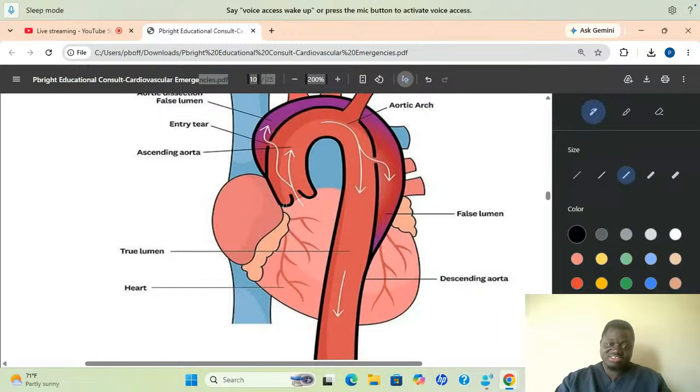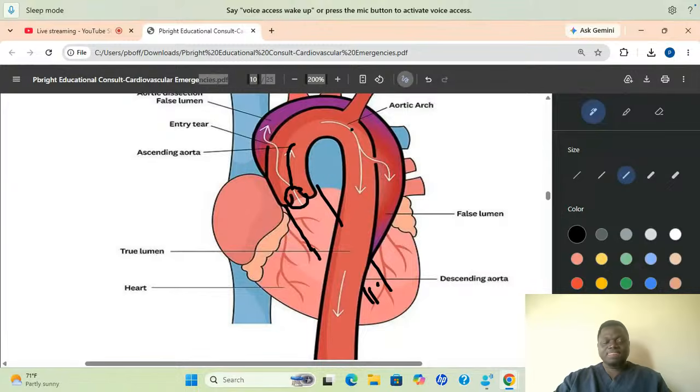This aorta is coming straight from the left ventricle, and the blood passes through the aortic valve and enters the ascending aorta.